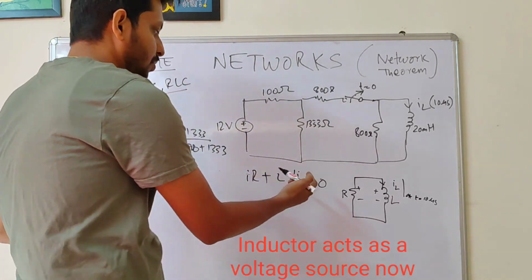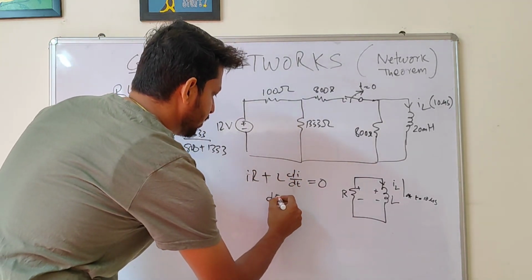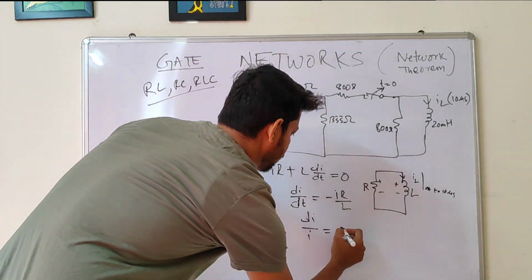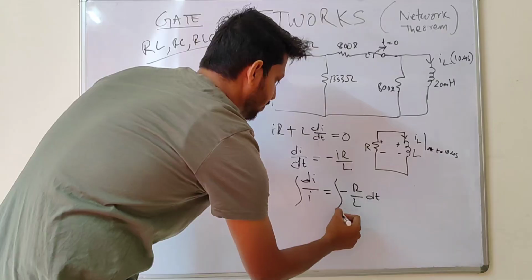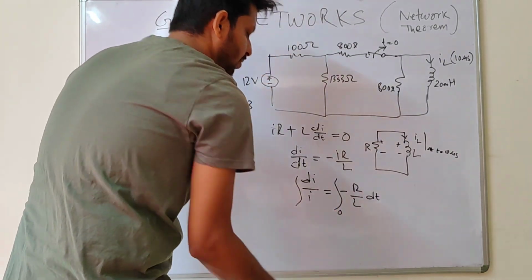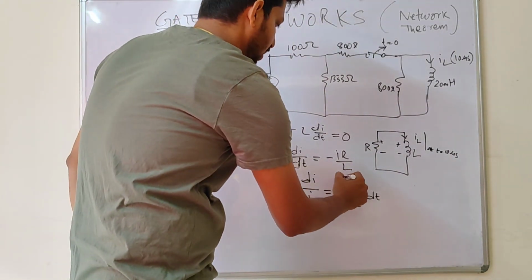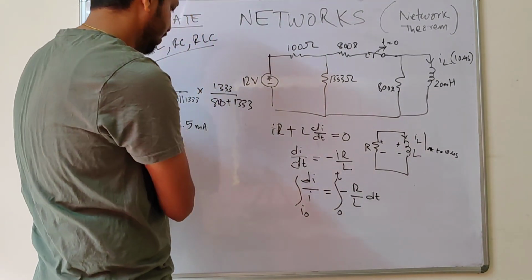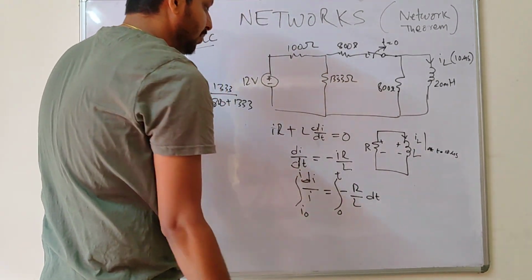To solve this, integrate from time t equal to 0 till some time t. What was the current at t equal to 0? I0, which is this, and this we need to find at time t.